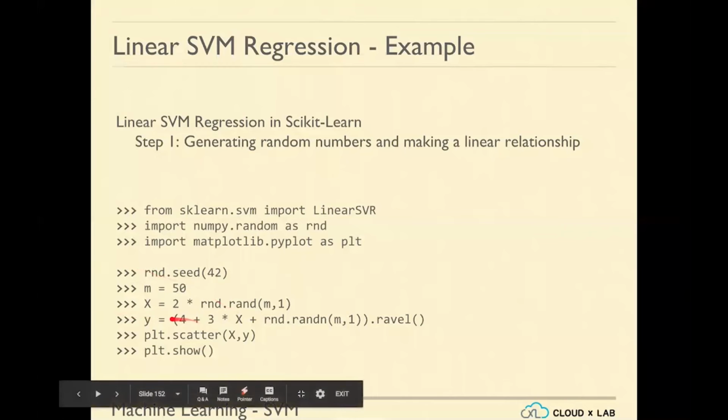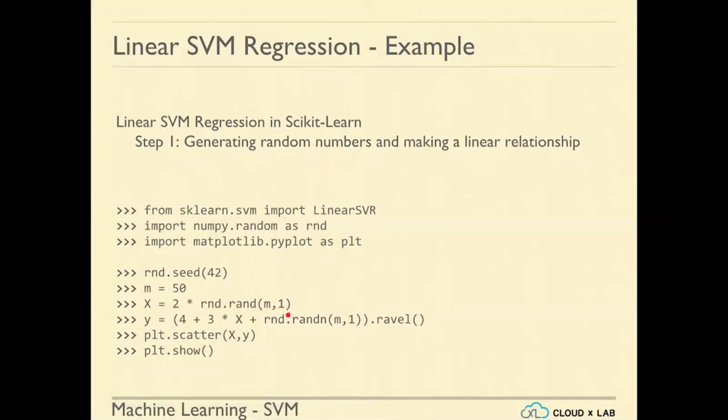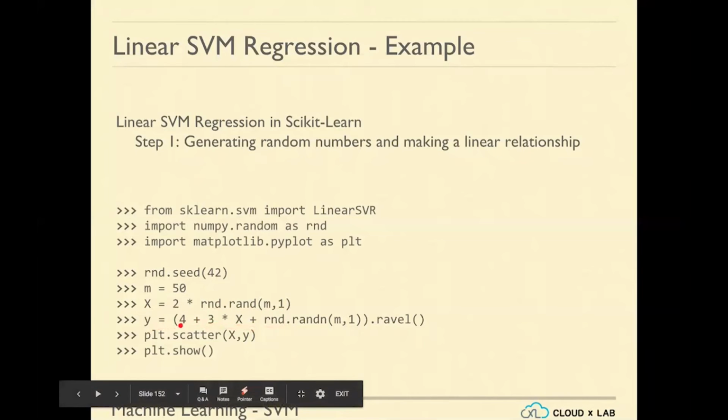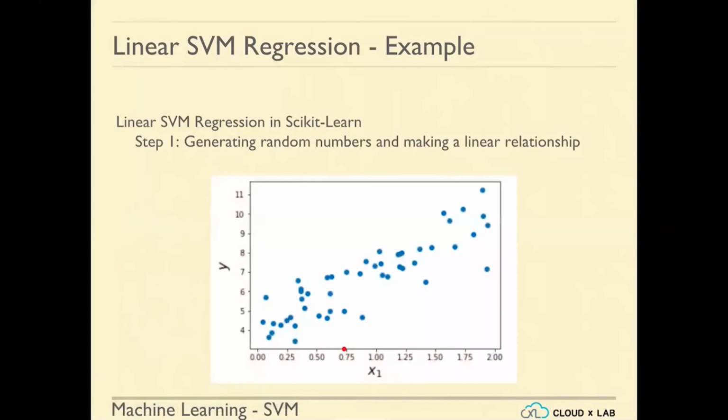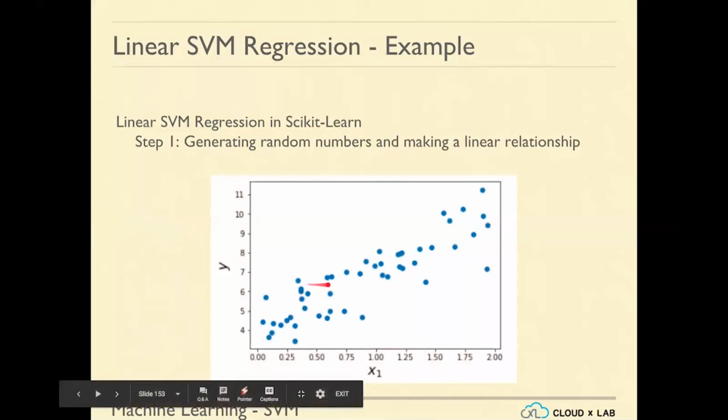X is basically one column and m rows before we do ravel, therefore we are doing ravel so that it becomes simply a single dimensional array of values. Here it is a two-dimensional array of values, with shape m by n. Good question. So yes, I hope everybody is with me.